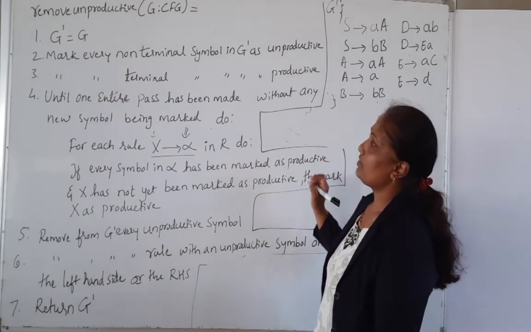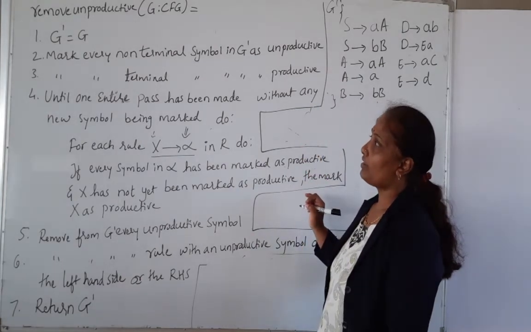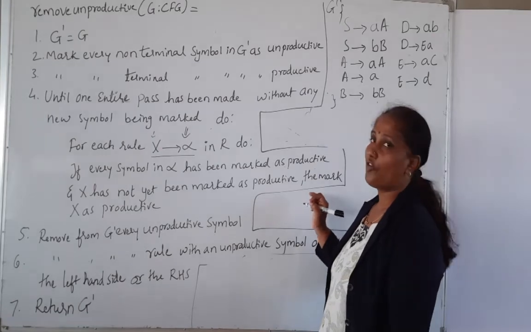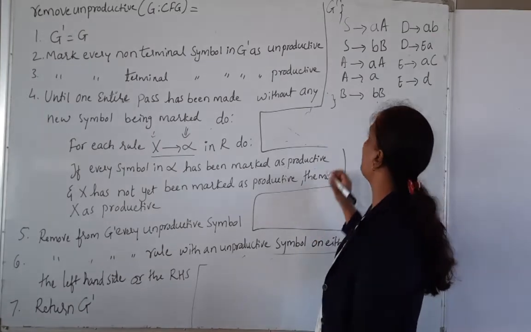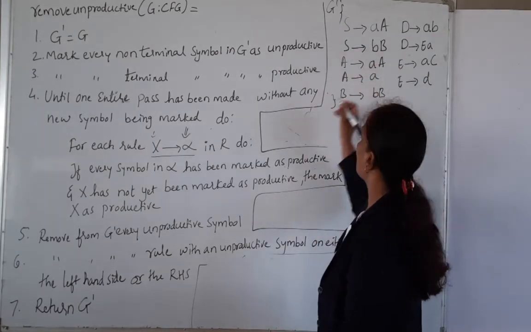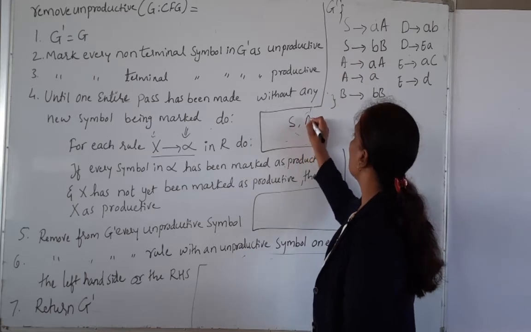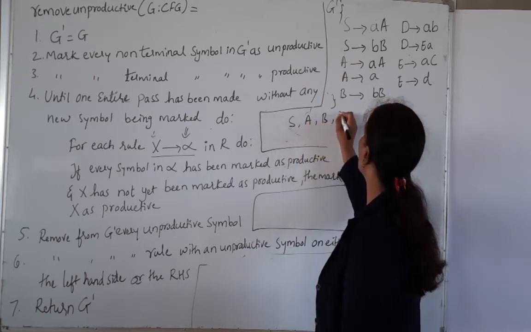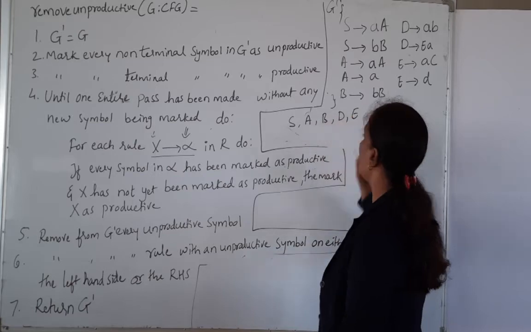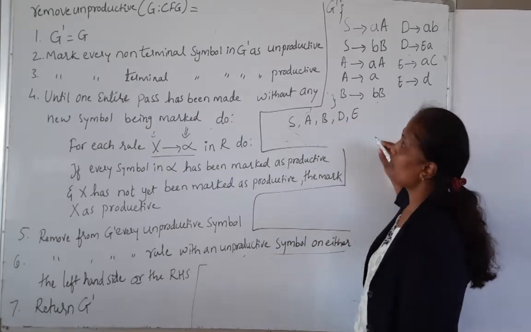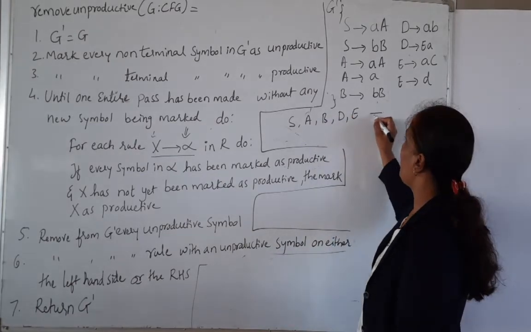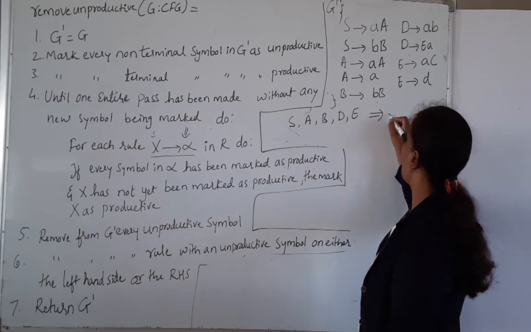The second step is I should mark every non-terminal symbol of G dash as unproductive. So what are the non-terminal symbols here? S, A, B, D, E are the non-terminal symbols. So I am going to mark these symbols as unproductive.